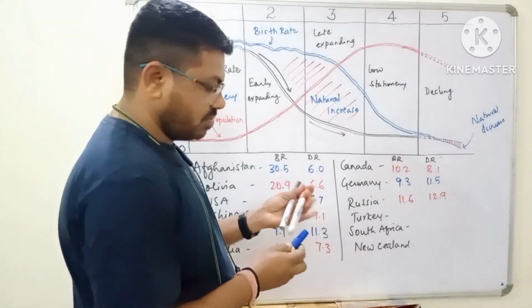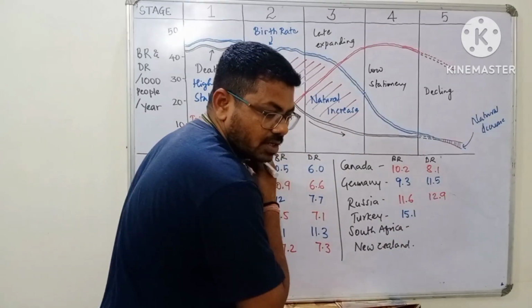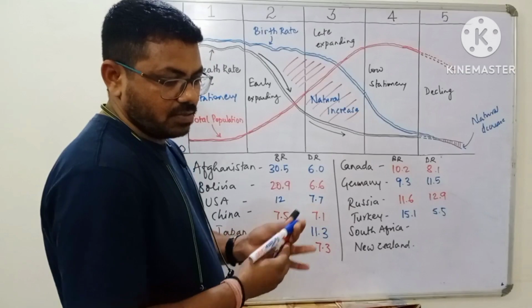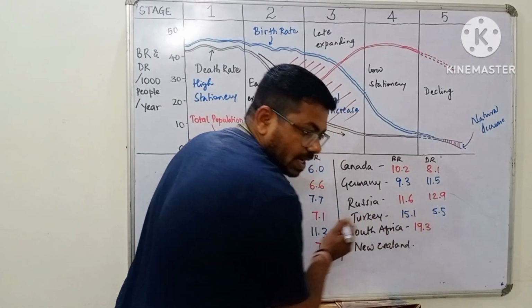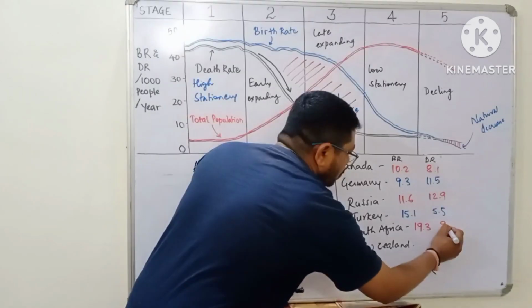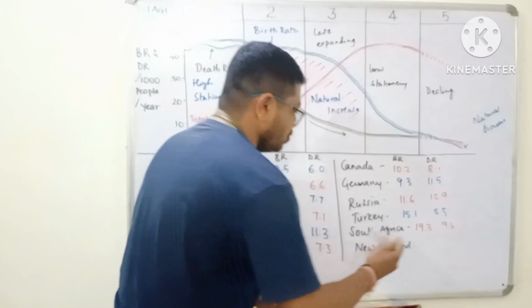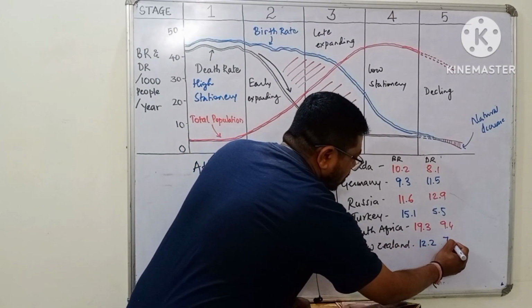Turkey's birth rate is 15.1 and the death rate is 5.5. South Africa's birth rate is 19.3 and the death rate is 9.4. And New Zealand's birth rate is 12.2 and the death rate is 7.1.